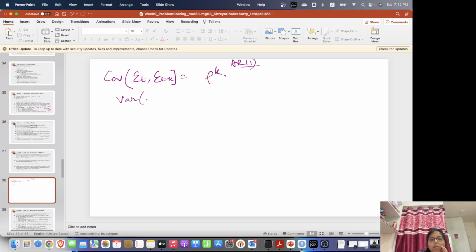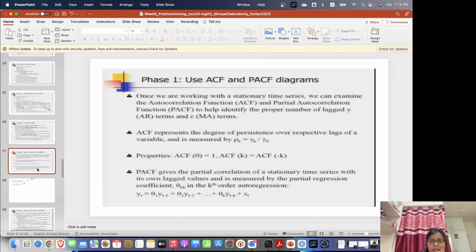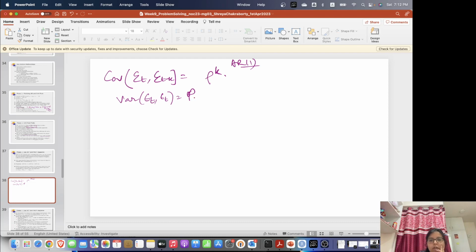And the variance between epsilon t and epsilon t will be, let's say here they have represented it as gamma naught, so I'll represent it as rho naught. So then if I take the correlation between epsilon t and epsilon t minus k, this is gamma k by gamma naught according to their notation.